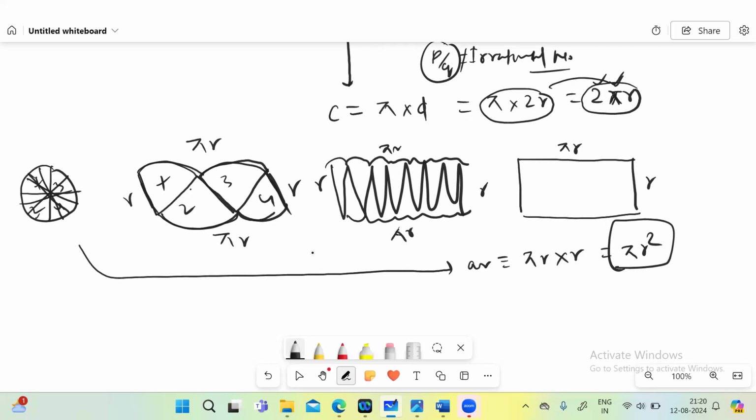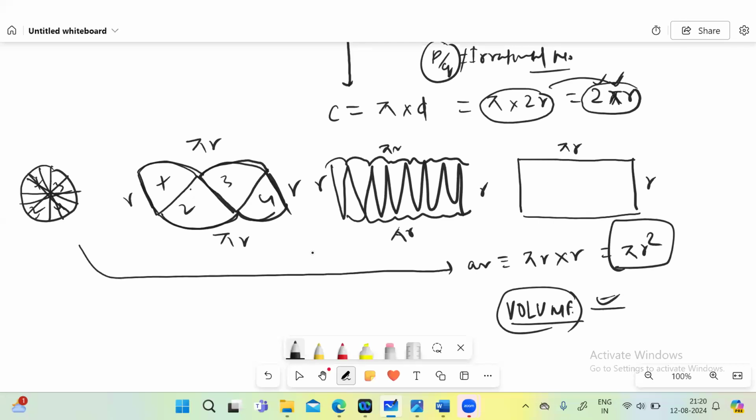Now, in the next class, probably day after tomorrow or sometime this week, we will be covering everything related to volume. Till then you can do the exercise of area, and also watch the previous lecture on volume.